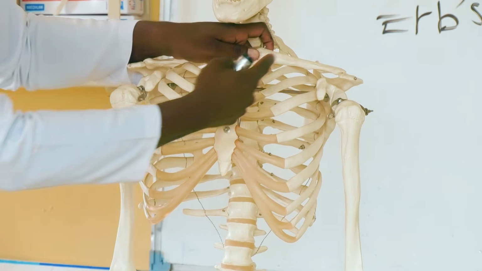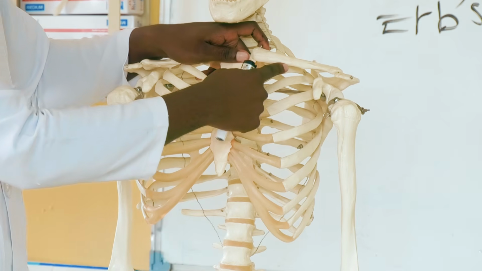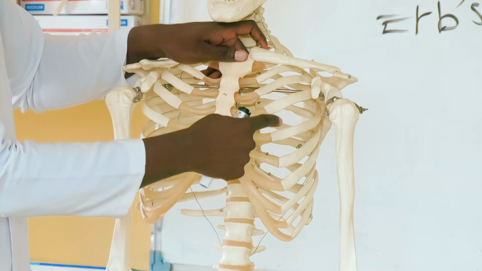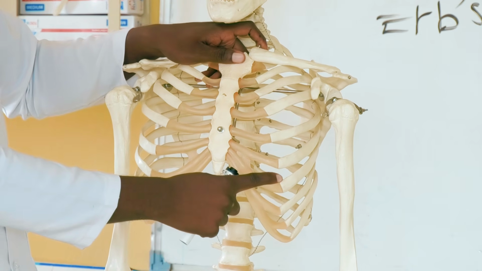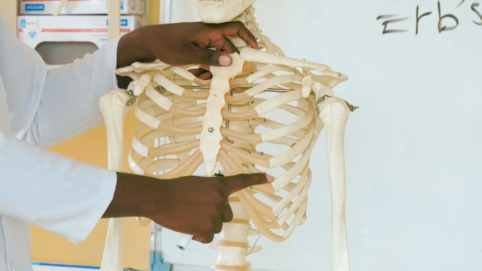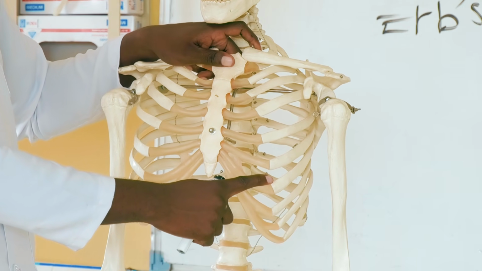So we come to the middle of the clavicle. Then we start counting the intercostal spaces: 1, 2, 3, 4, 5. On the fifth intercostal space, that's where you can listen for the mitral area. It's the area of maximal impulse.